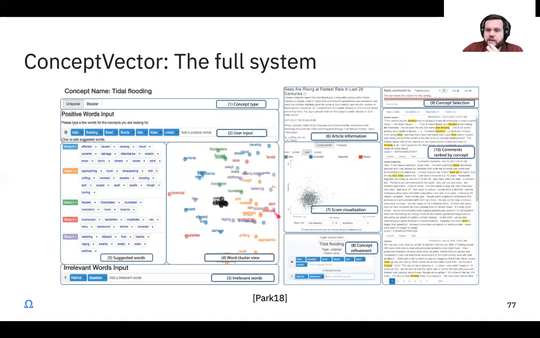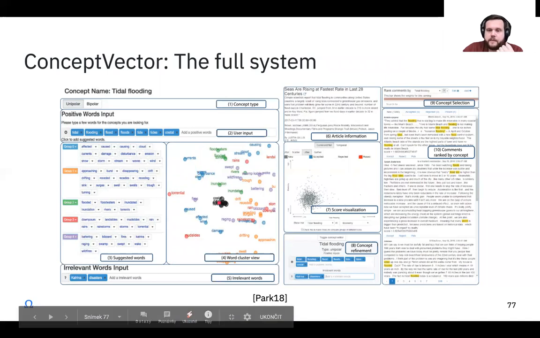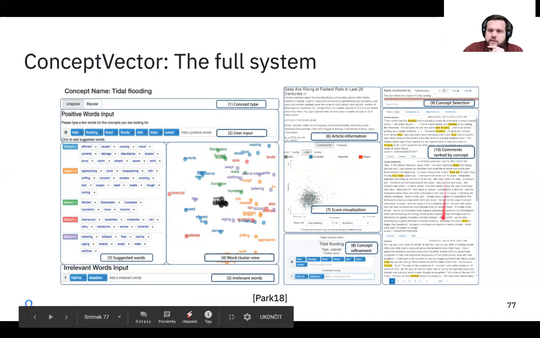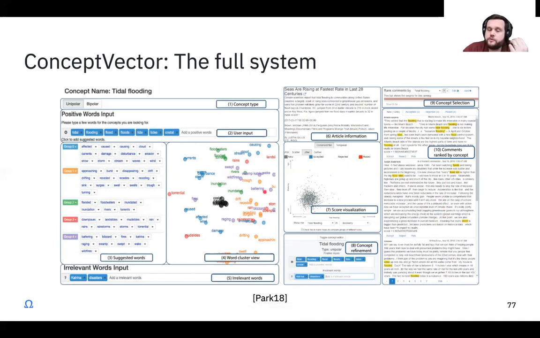So the full system looks like this. We don't have to go over big details here. This is your word cluster view, what I would consider the main view of the system. And here you have various groupings and also detail windows that allow you to debug the representation and then give user input to refine and rearrange the topics to arrive at a better refined representation.